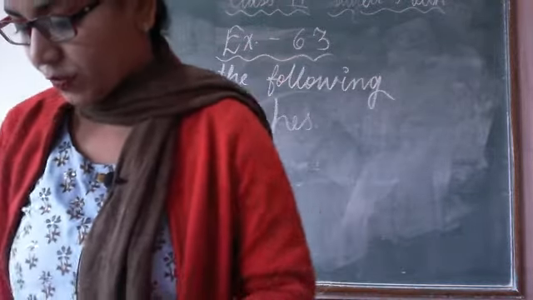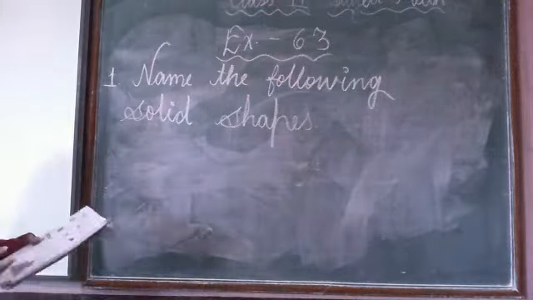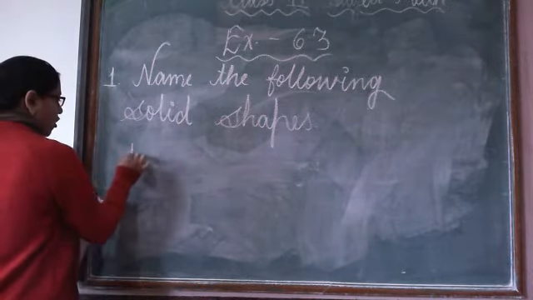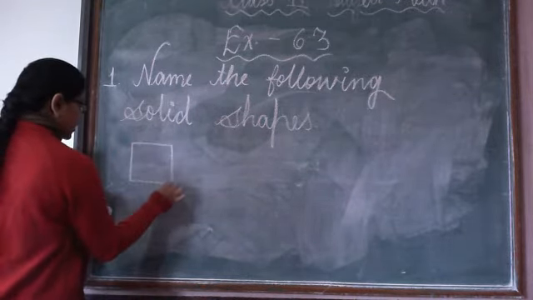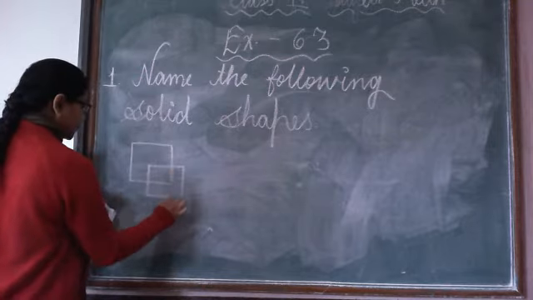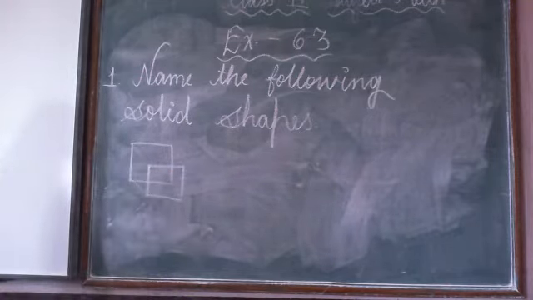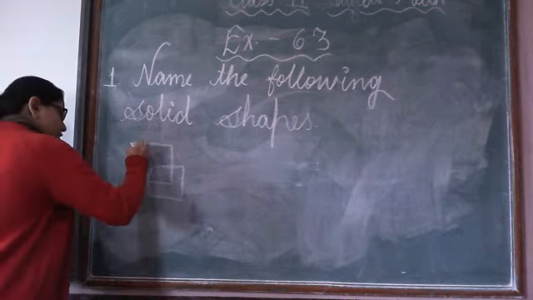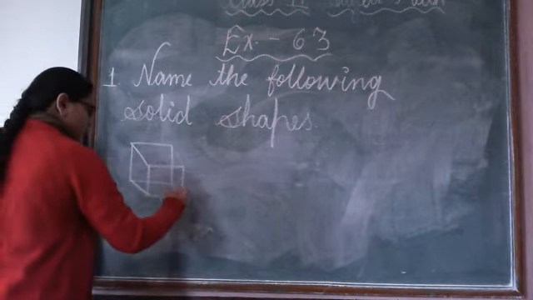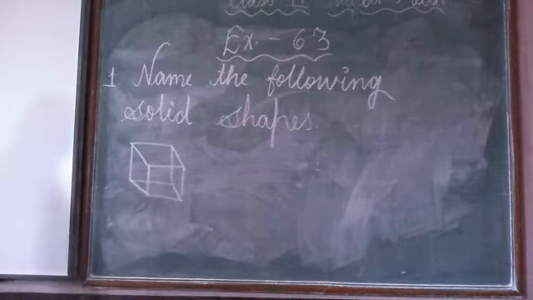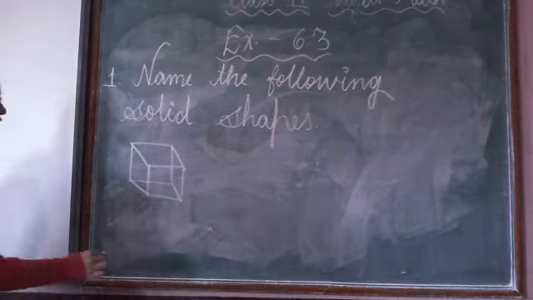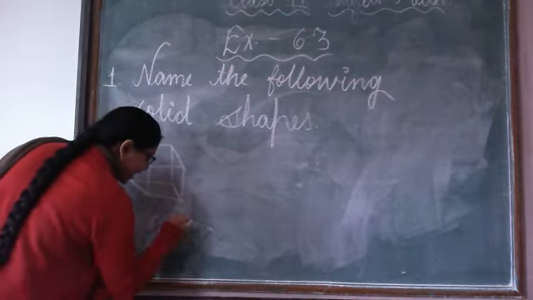Okay, so the first one, a dice is given there. In the first box, a dice is there, and we know that a dice is a cube. The shape of a dice is a cube. We will write this is a cube. I am writing the answer only.